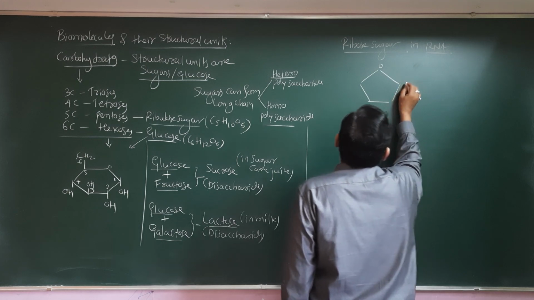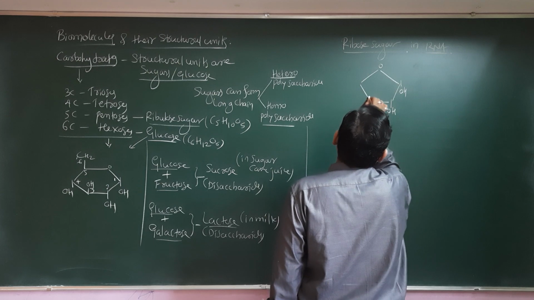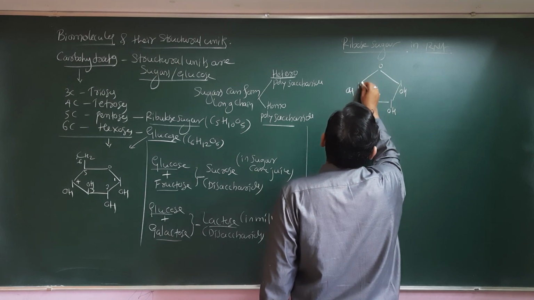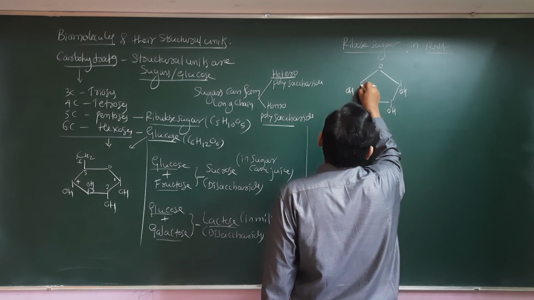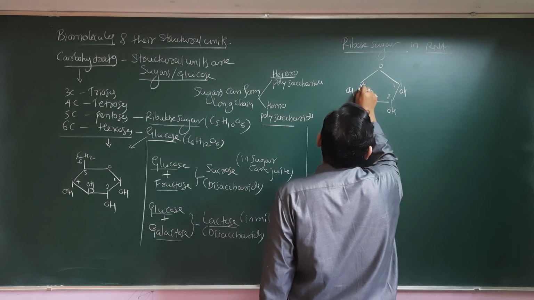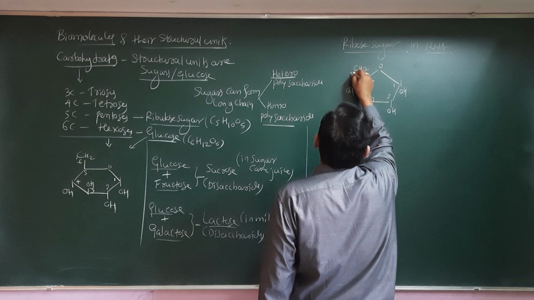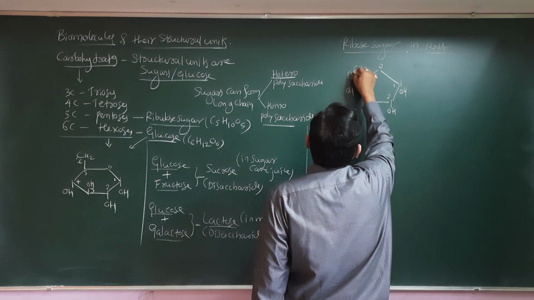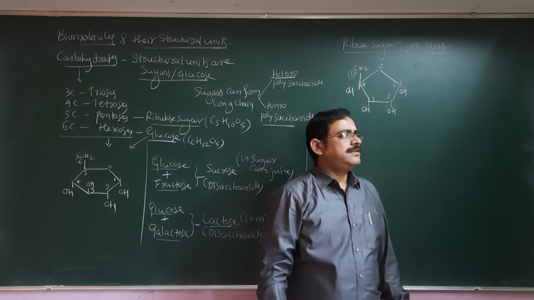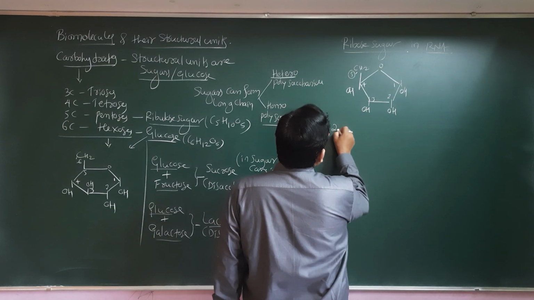There is an OH group here, OH here, OH here, and OH here also. Then the first, second, third, fourth carbons, and CH2, the fifth carbon, is here. So they mainly have 5 carbons. This is mainly seen in RNA.